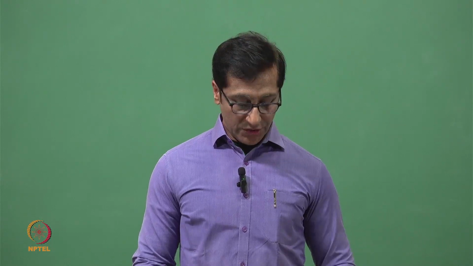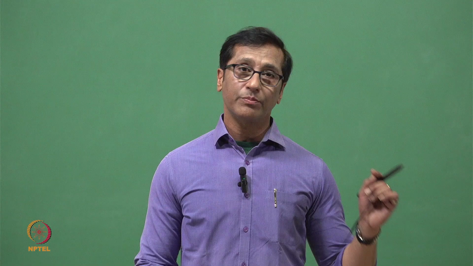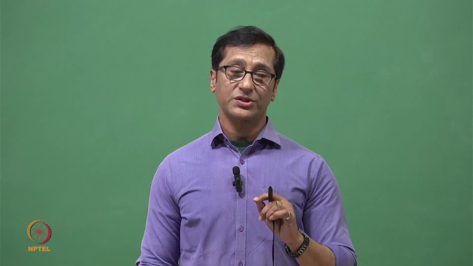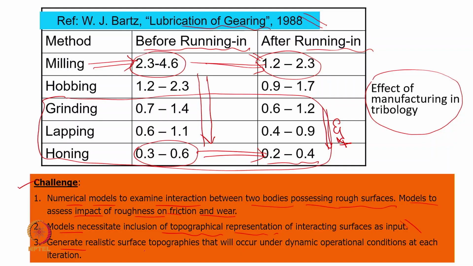So taking that surface and reproducing the same surface with exactly the same parameters that have been measured, with some mathematics, with some logic. And finally, we say generate a realistic surface topography that will occur under dynamic operational conditions. So this is very important.